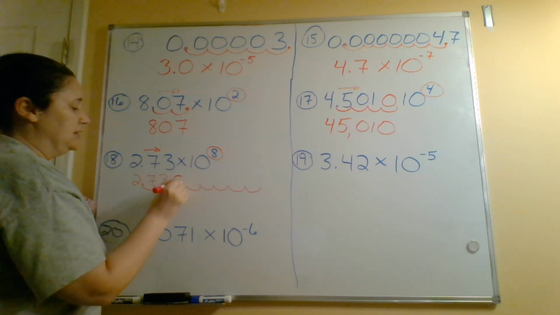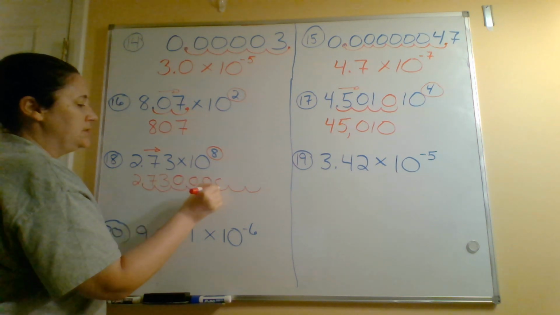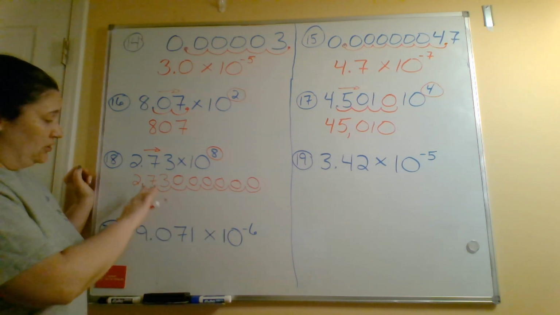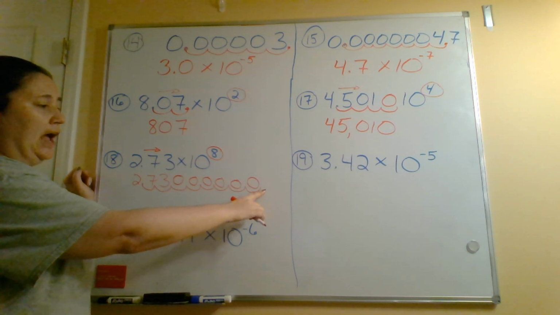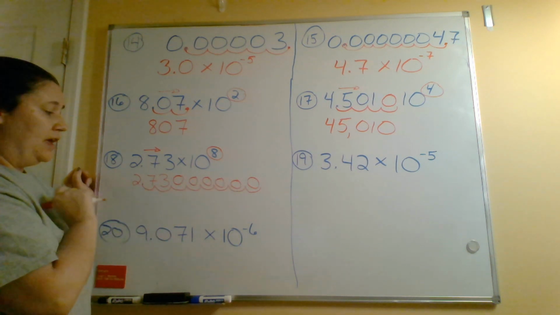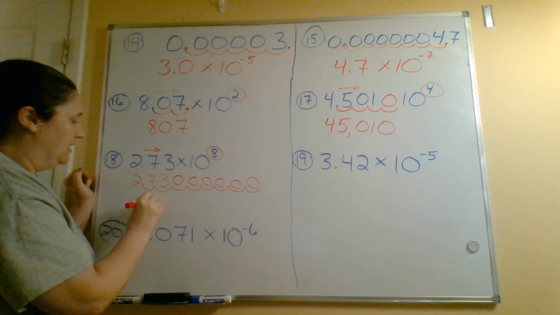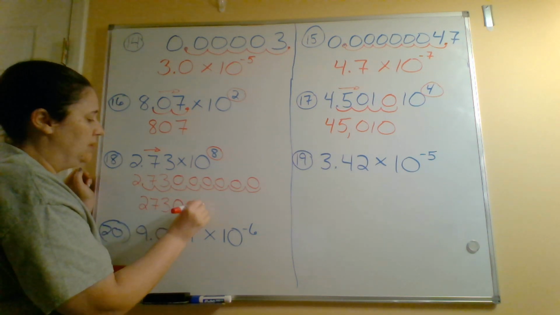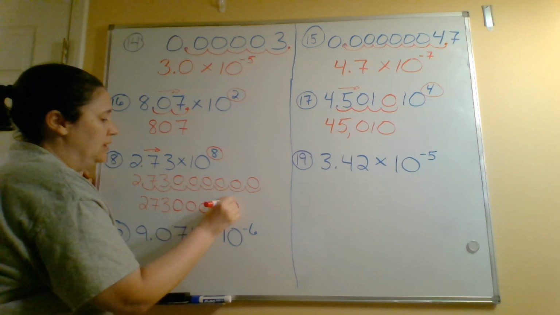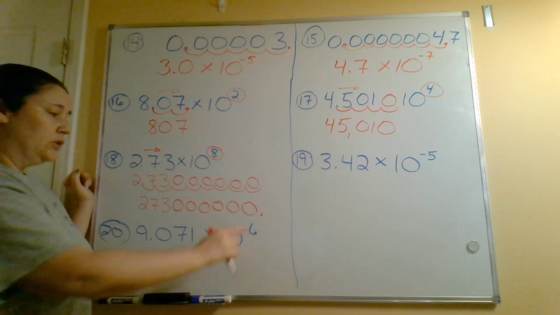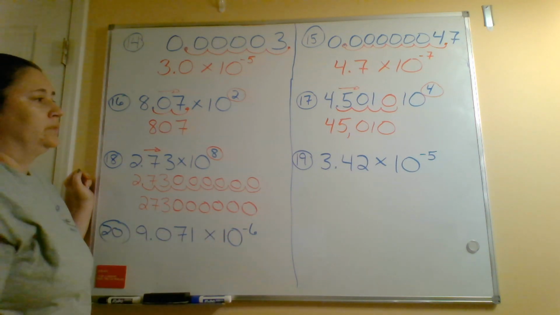We need to put a 0 in each of these ditches. And then we need to rewrite our answer because this is very sloppy. I don't know if you want the decimal point to go there or there or there. So you have to rewrite your answer so that it's clear. 273,000,000. You can put the decimal point at the end if you want, or you can make it invisible.